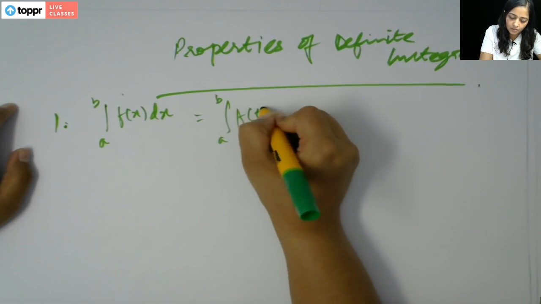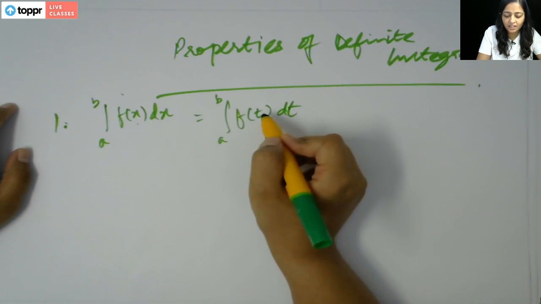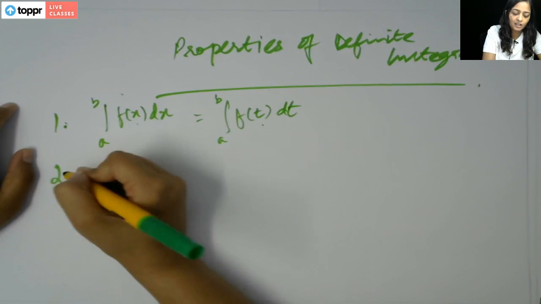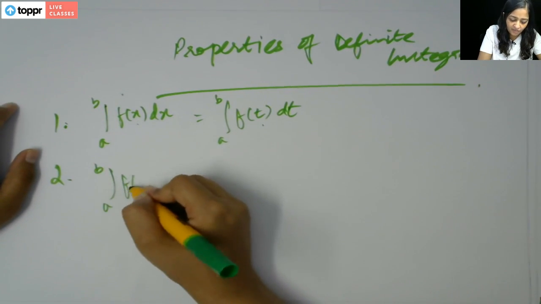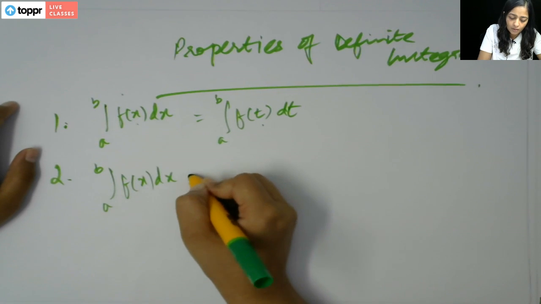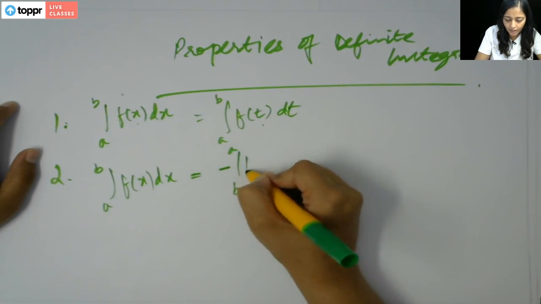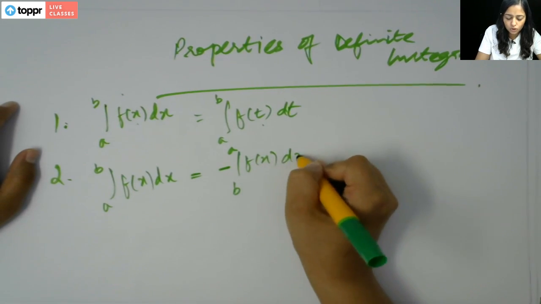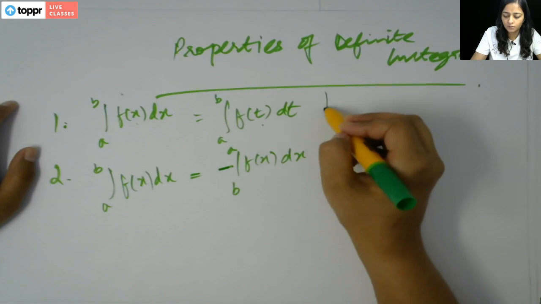So changing x to t does not make any difference. The second property is if you have integration a to b f(x) dx, then you can write it as minus integral b to a f(x) dx. So if you exchange the upper and the lower limits, a minus sign comes.